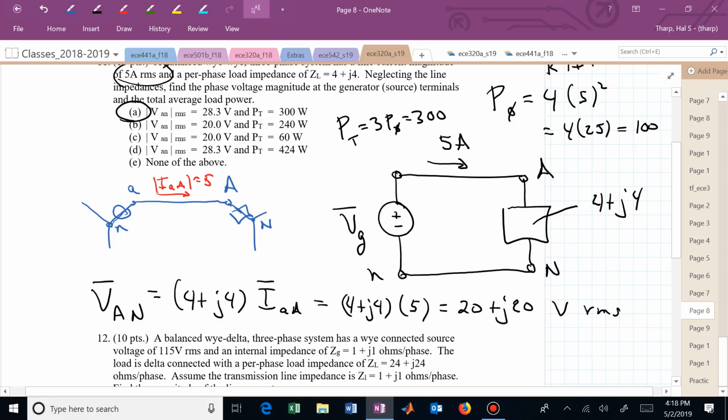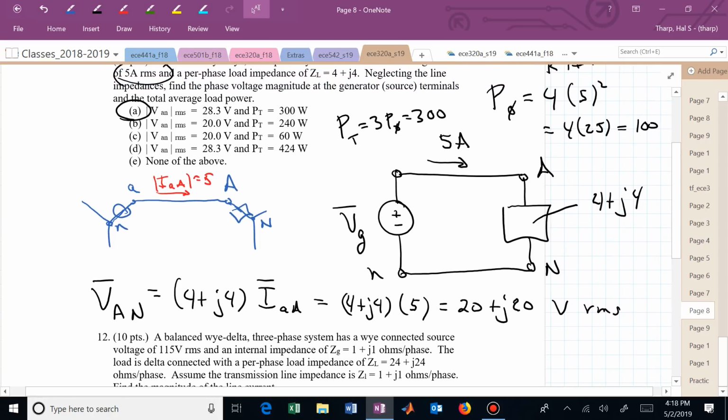So to find the V sub AN RMS, yes, all I did was find the magnitude of this complex voltage. You need to keep track of everything as phasor quantities. This is a voltage, but you're asked for your voltage in RMS. So I just found the magnitude of 20 plus J20, and that's 20 times the square root of 2.